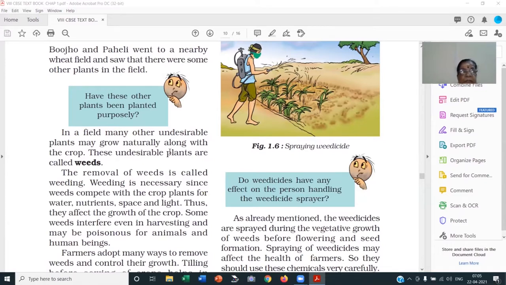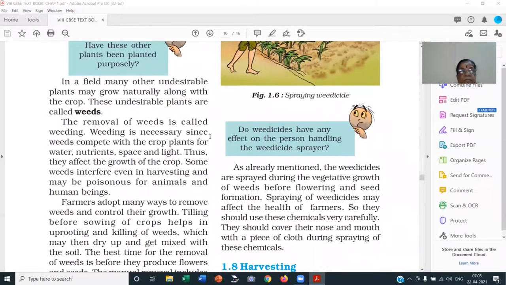These undesirable plants are called weeds. The removal of weeds is called weeding. Weeding is necessary since weeds compete with crop plants for water, nutrients, space, and light.